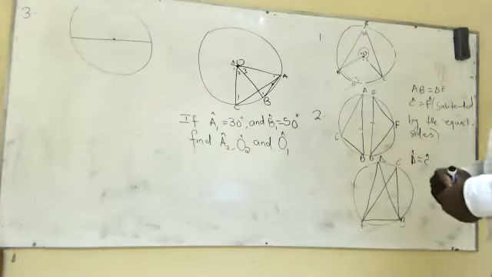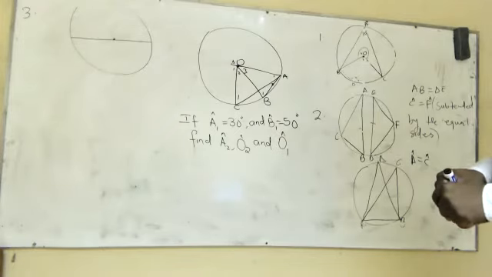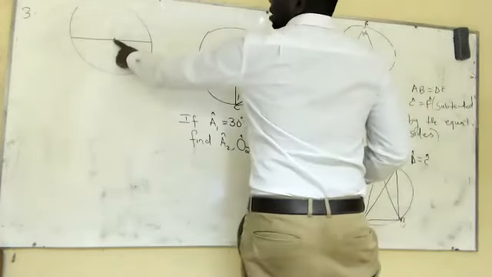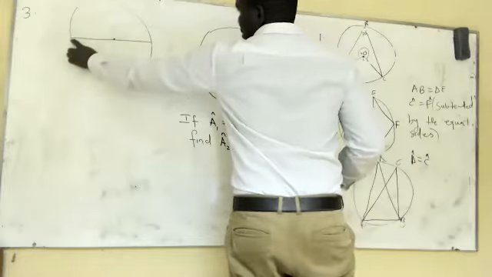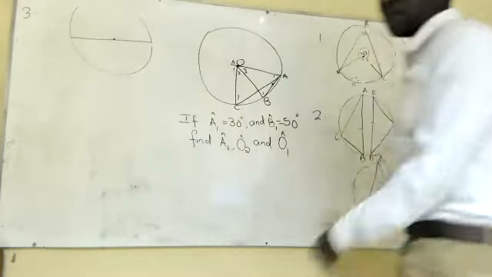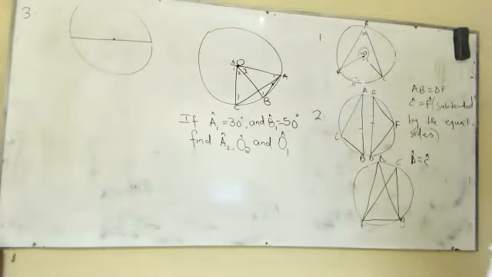The radii, I'm not sure. Can you try another? The radius goes from the center to the circumference. This one goes from circumference to circumference, but it passes through the center of the circle. What do we call that line?